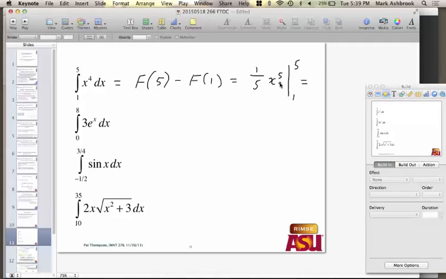So I think we get 625 minus 1/5. Five to the fifth over 5 is just 5 to the fourth, right? And then 1/5, 1 to the fifth over 5. So I did a couple steps there in between.